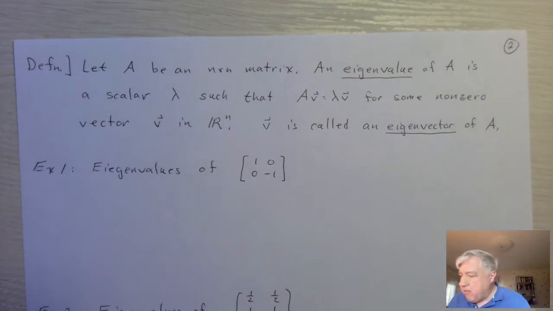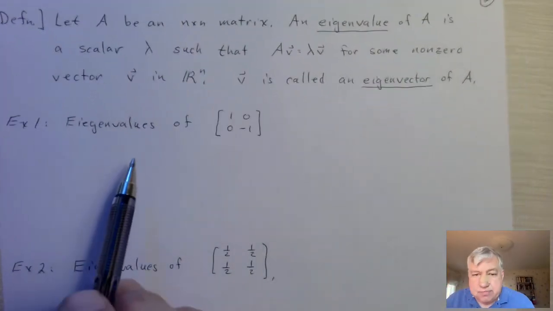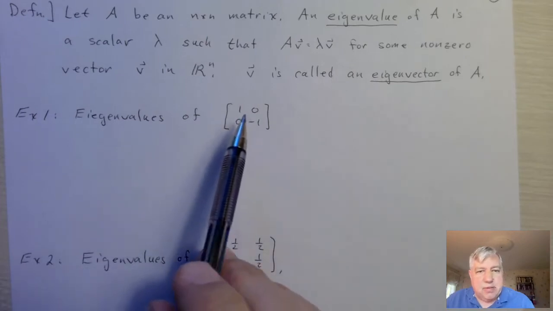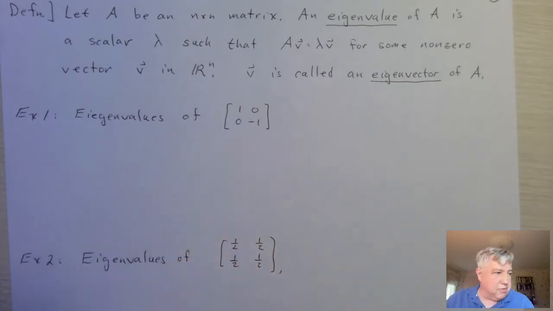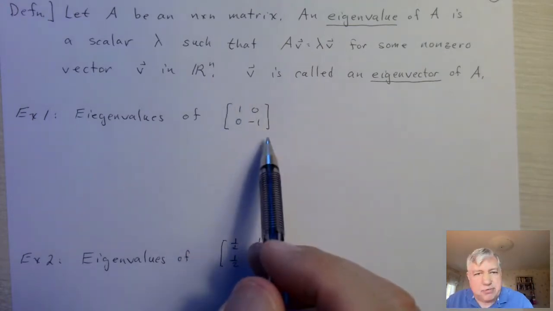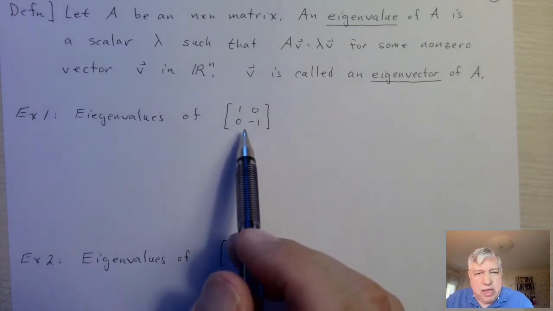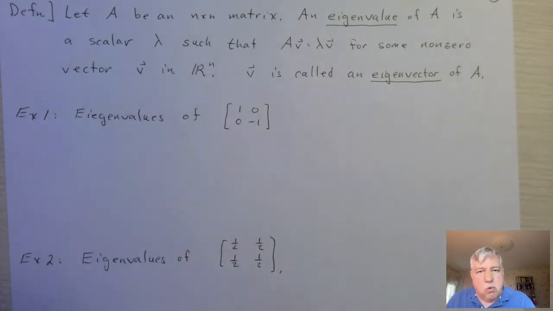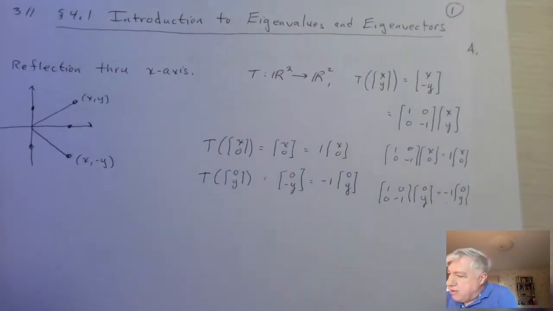All right. Now, if we go back to our first example, our original transformation, that is the reflection through the x-axis, this was the standard matrix. Now we would like to rediscover what the eigenvectors and eigenvalues were.